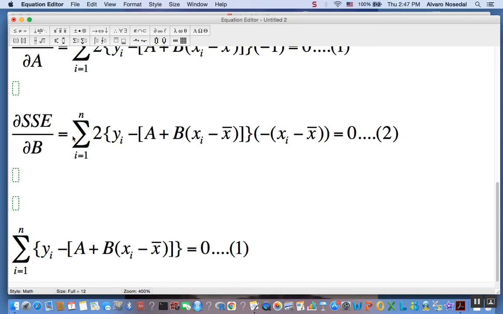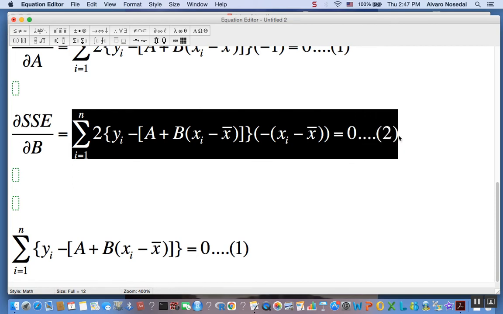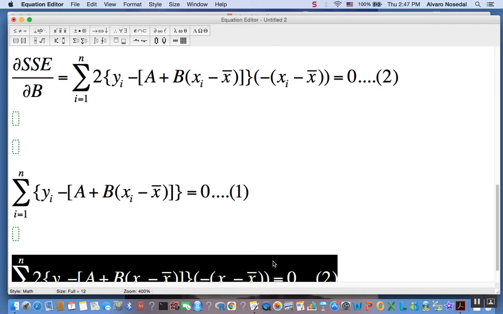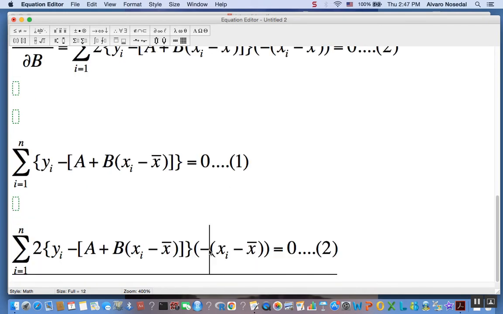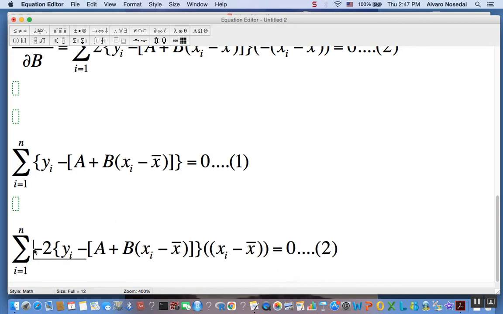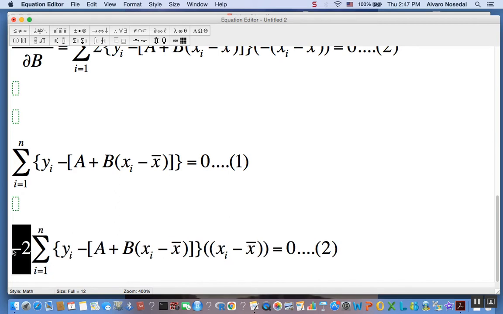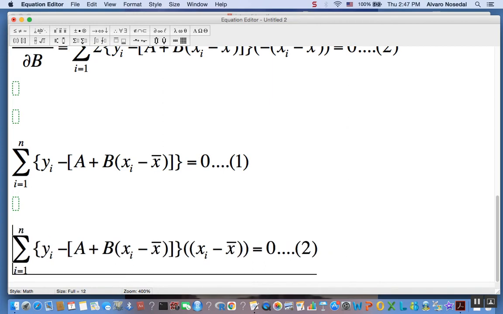Let's do the same with this one here. So again, we're going to have -2 here. That's going to be a common factor. We get to pull it out. We divide on both sides by -2. It goes away. Okay?